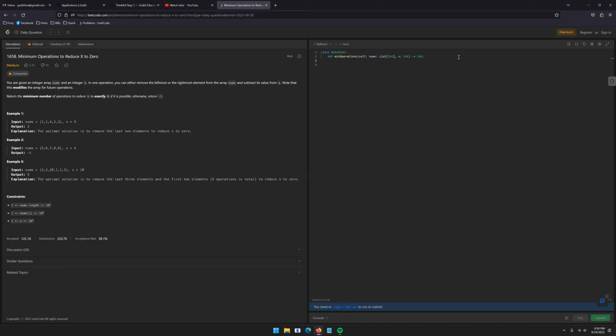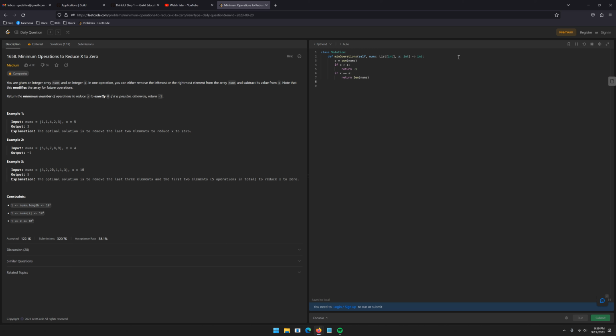First off, we're going to say if x is greater than the sum of nums, s equals sum of nums. If x is greater than s, then return -1. If x is equal to s, return length of nums. Otherwise, we're going to do it.